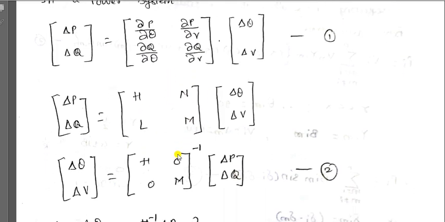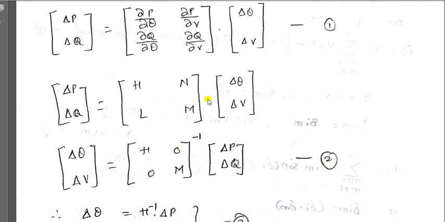Up to this step it is nothing but the Newton-Raphson method. Now let us see how we convert this Newton-Raphson method to the fast decoupled load flow method, or AC load flow method. Here the submatrices N and L are made zero.